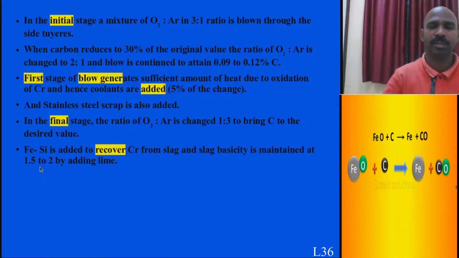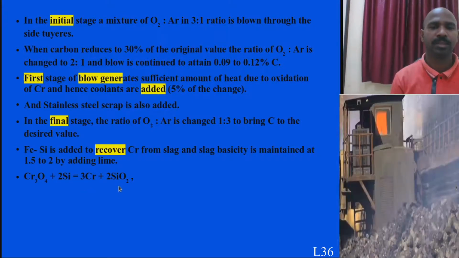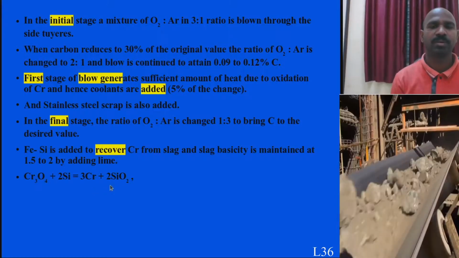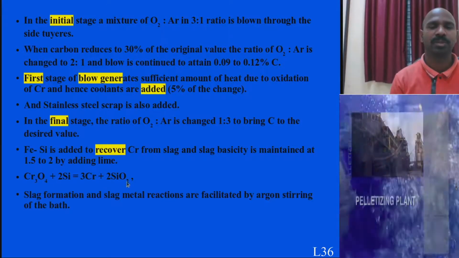The slag basicity is supposed to be maintained at 1.5 to 2, and this is the equation. When you add the silicon, this is what is happening. The chromium will be retained in the molten metal. The silicon takes the oxygen associated with the chromium out. This is mainly the thermodynamics part.